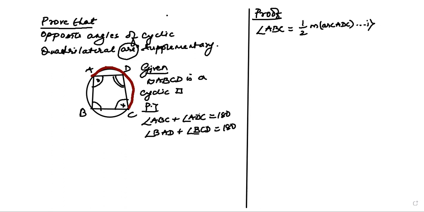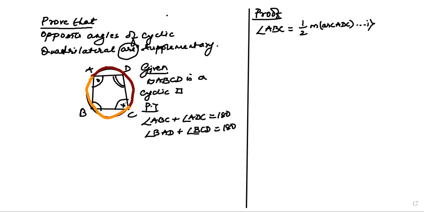But when I look at angle ADC, I'm not writing the reason immediately. Just have a look at angle ADC. You can see this angle ADC is again an inscribed angle. Intercepting which arc, children? Intercepting this yellow arc, arc ABC.